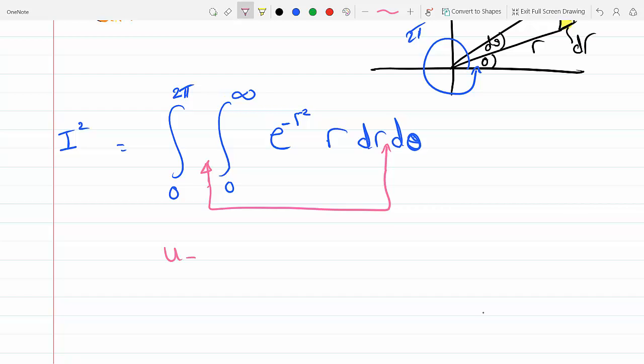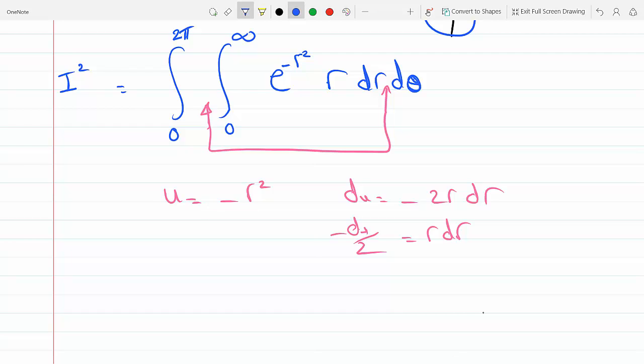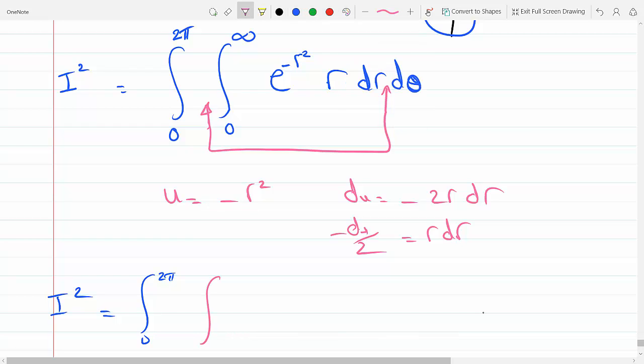So u is minus r squared, so du is minus 2r dr, which means negative du over 2 is r dr. And so the inside integral became e to the u du, negative du over 2, so minus du over 2.